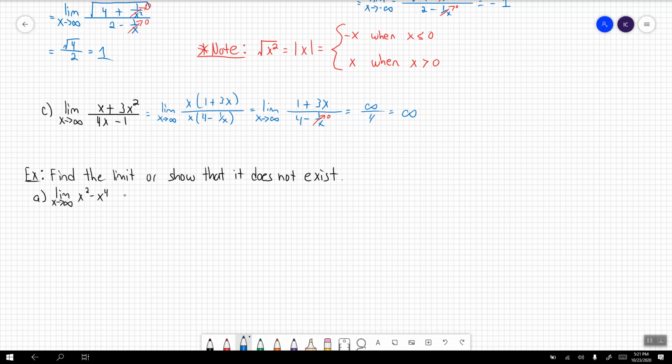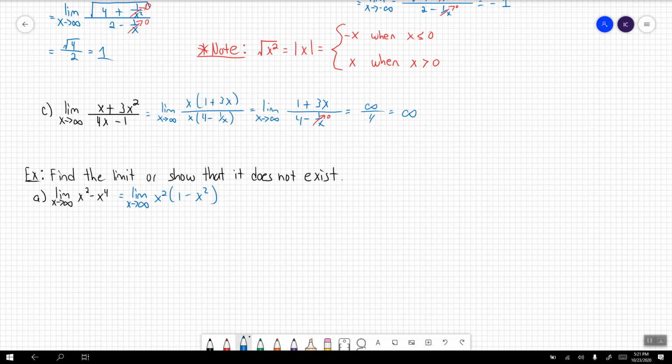That algebraic manipulation that we need is factoring. If we factor an x squared component from both of the terms here, then we're left with x squared multiplied by 1 minus x squared.